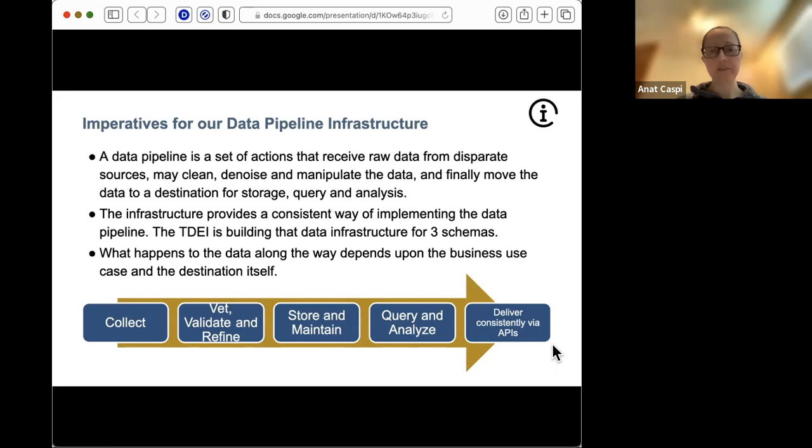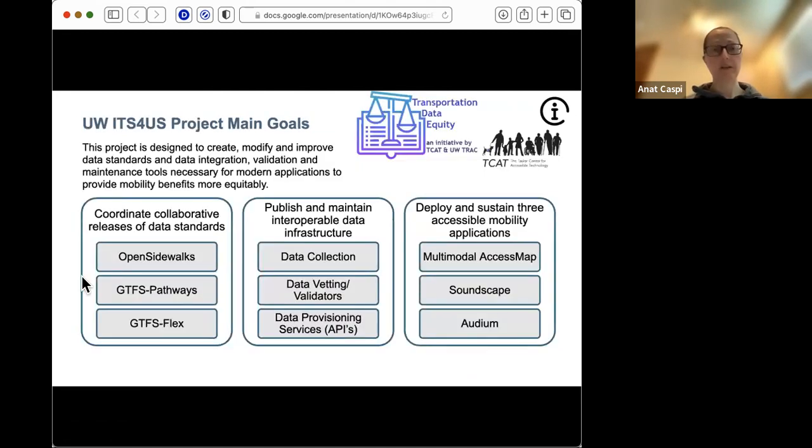And then finally, we want to deliver the data consistently and understandably via APIs. So again, I know both of you are really well aware of the data lifecycle, but in essence, the TDI system needs to be able to support all of these things in order for transit agencies and municipalities to actually use our system in a consistent way.